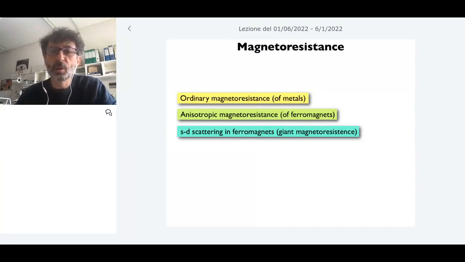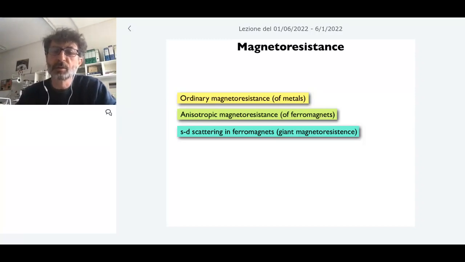So we will make, in this first hour, a small review of the ideas and of the materials displaying this effect, and in a few cases also highlight a few applications. Especially in the past, it is the anisotropic magnetoresistance that was used to make magnetic sensors, so sensors of the magnetic field.